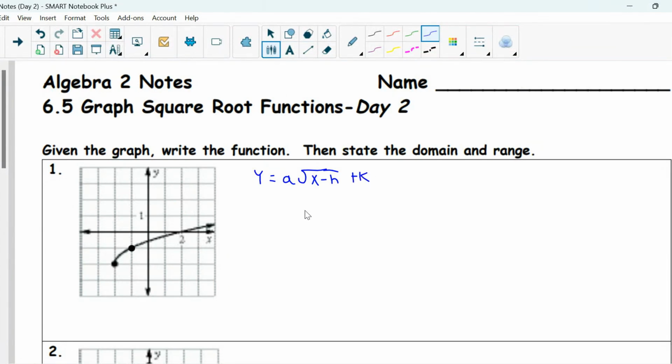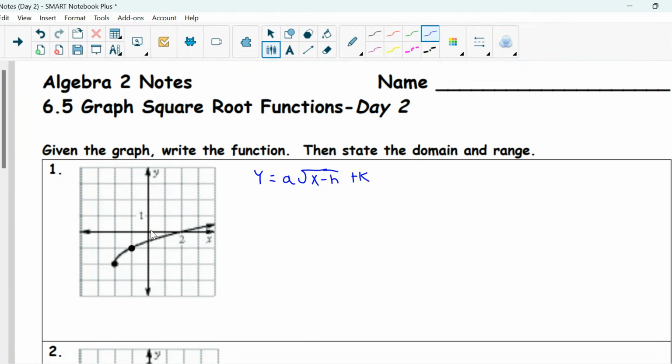This form shows us the general transformations that a square root function can have. Remember, a represents the stretch and compression of our square root, h represents the horizontal change, and k represents the vertical change.